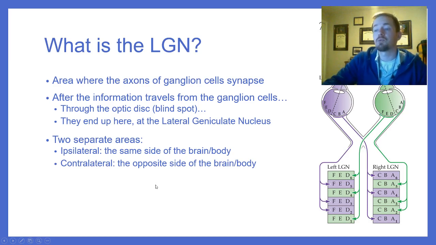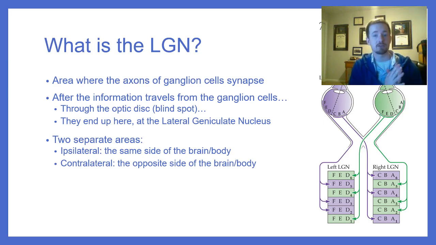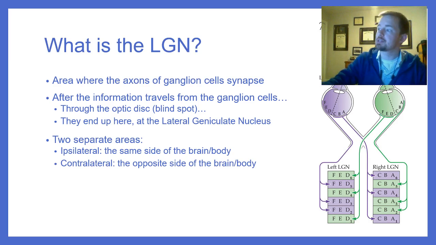From there, we have what's called ipsilateral and contralateral, words that I mentioned a little bit earlier in the video. Ipsilateral just means that it's on the same side of the body that is handled in the brain. Contralateral means it's the opposite. For things like movement and touch, that's always contralateral. But for vision, some of the stuff is ipsilateral.